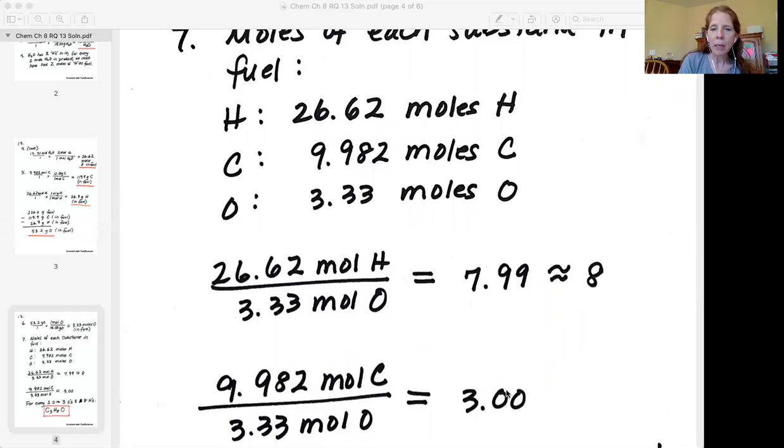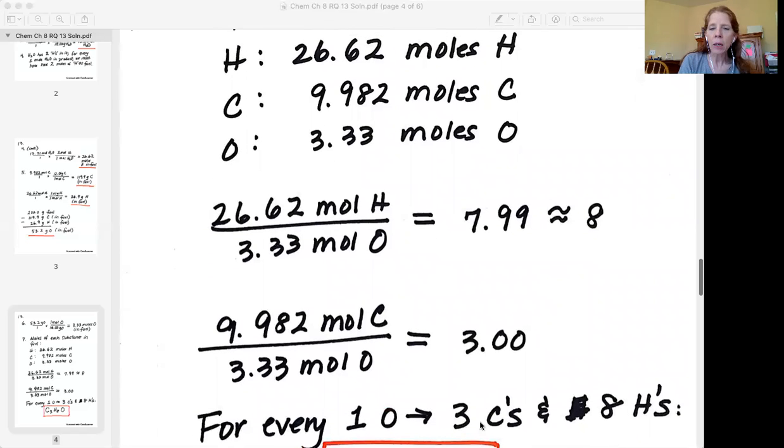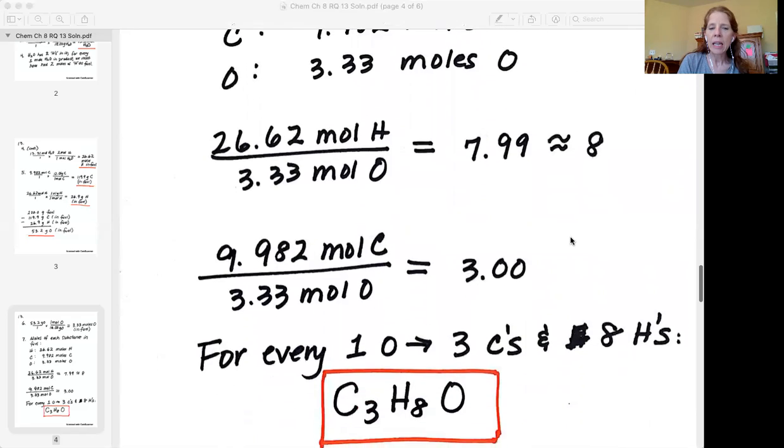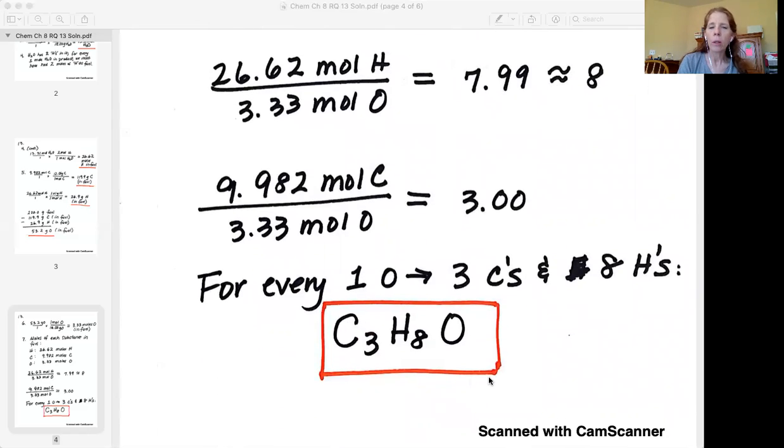So what does that mean? That means for every 1 oxygen, I have 3 carbons and 8 H's. I would then list this as C3H8O. That is my empirical formula. So that's finding the empirical formula of this problem.